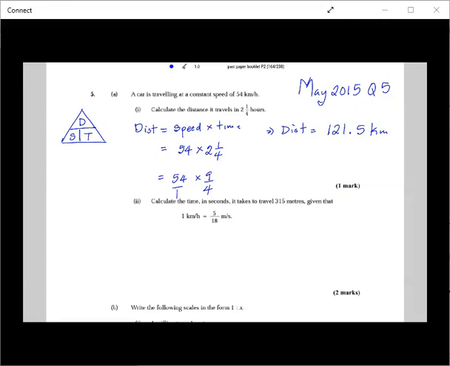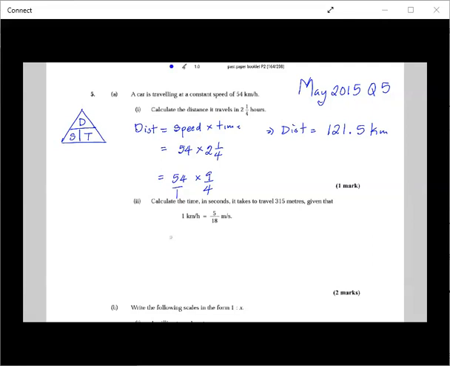So we're asked to find time, and time is equal to distance divided by speed. But here the distance is in meters, but the speed that we have is in kilometers per hour. So you can't be working with separate units like that. If your distance is in meters, your speed needs to be in meters as well. So here we're told that 1 kilometer per hour is equal to 5/18 meters per second.